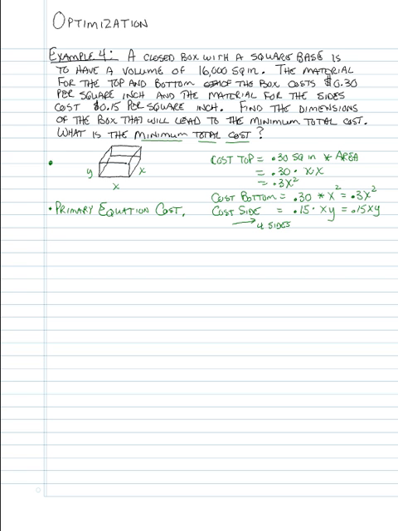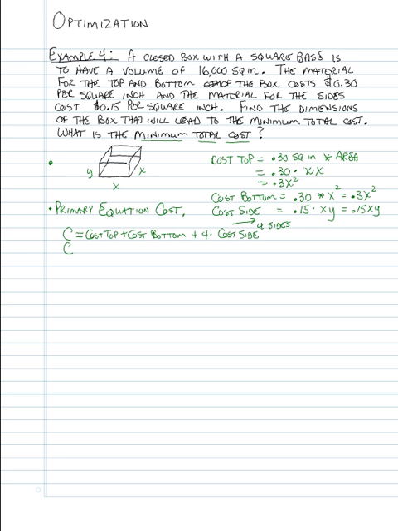So our cost equation, cost would be equal to the cost of the top plus the cost of the bottom plus the cost of 4 sides, so 4 times the cost of a side.